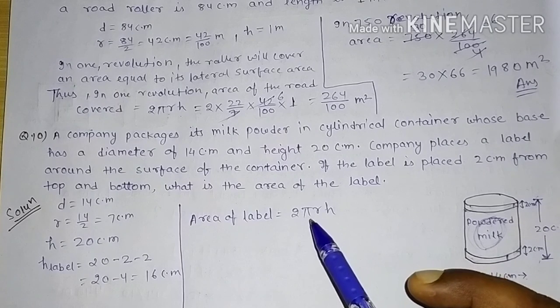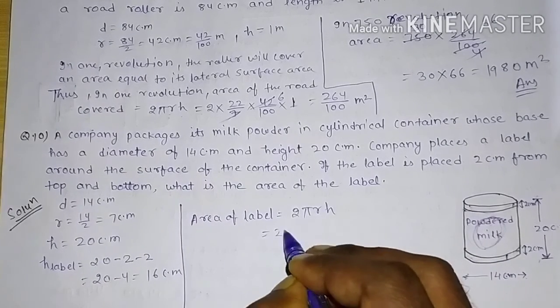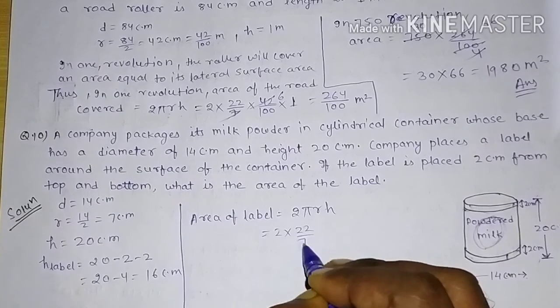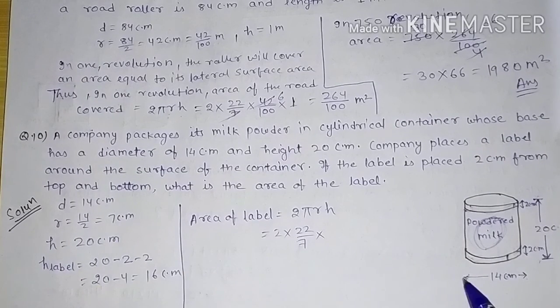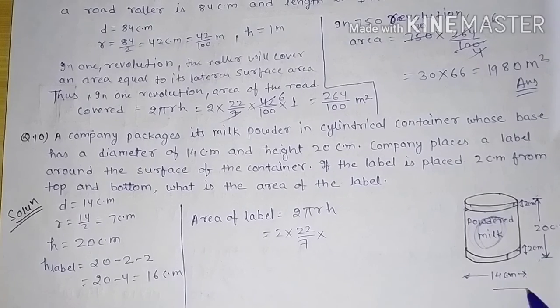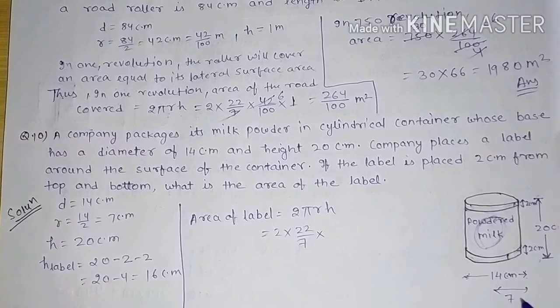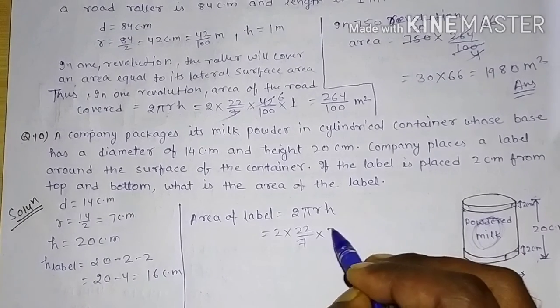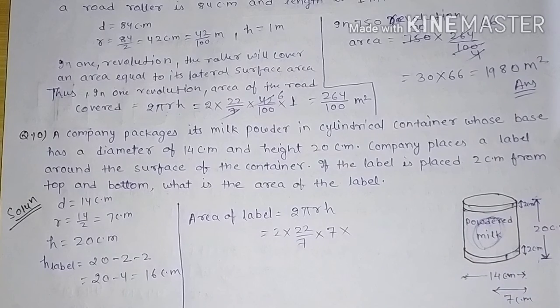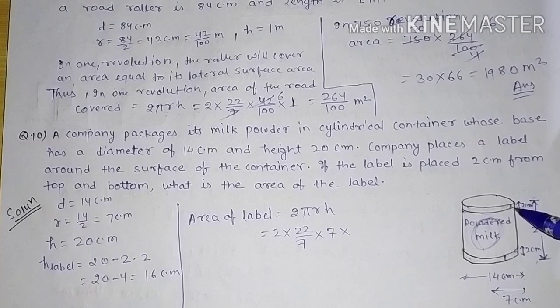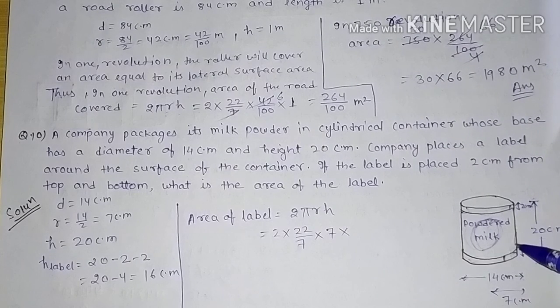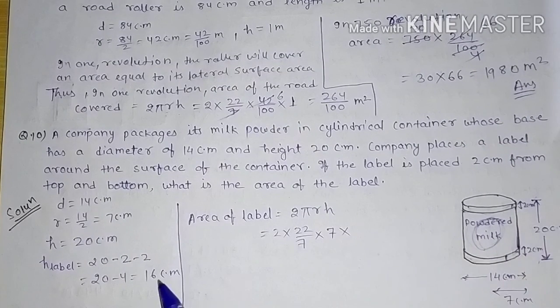Now just put the value here. So 2 into pi, that is 22 by 7, and R is 7 centimeter. So this is the diameter and R is 7 centimeter, you can say. So it will be 7, and H is given here. H of label, that is 16 centimeter. H of label, that means this part. Okay, this height is 16 centimeter.